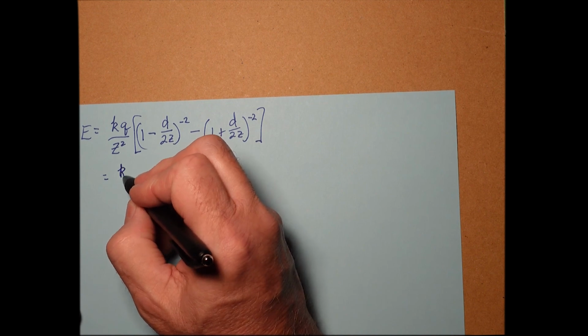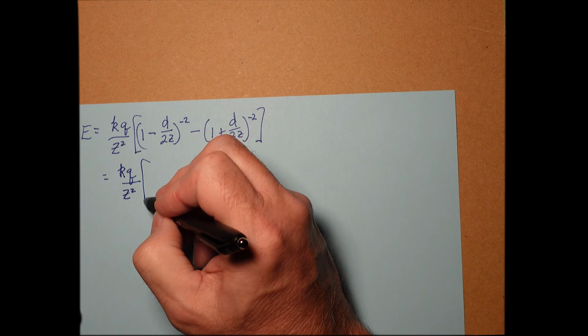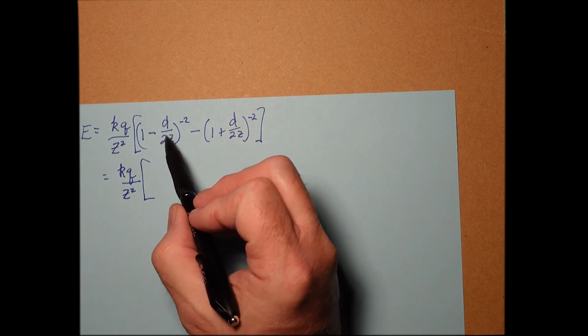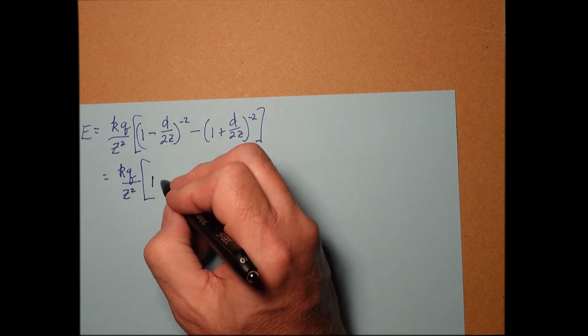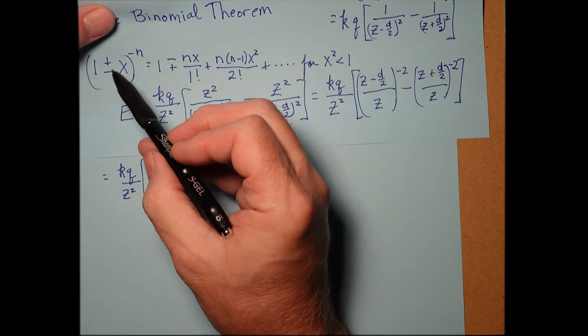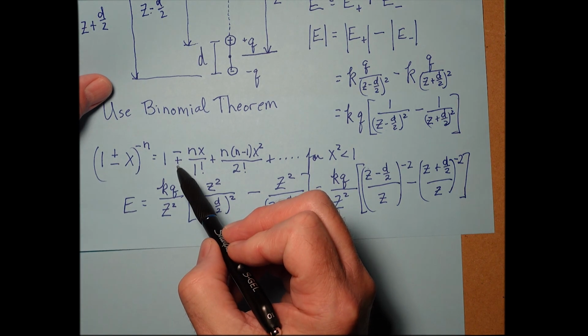So we're going to have kq over z squared multiplied by, now this is 1 minus x to the negative 2, so I'm going to write that as 1 plus, remember, if this is plus minus, then this is minus plus.